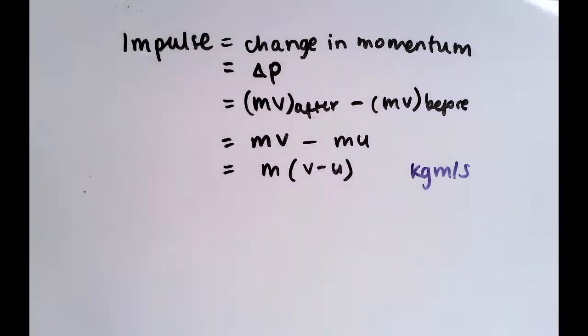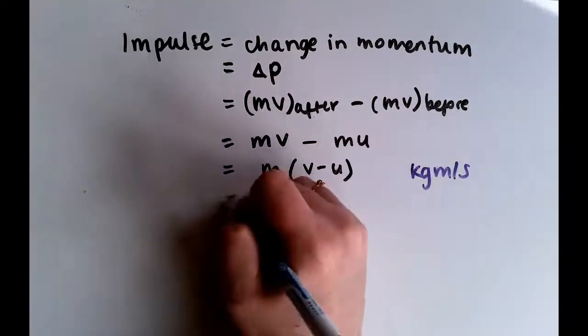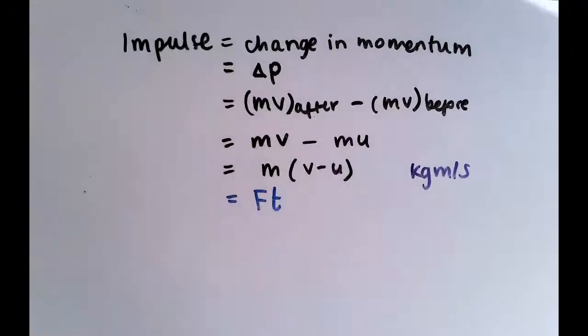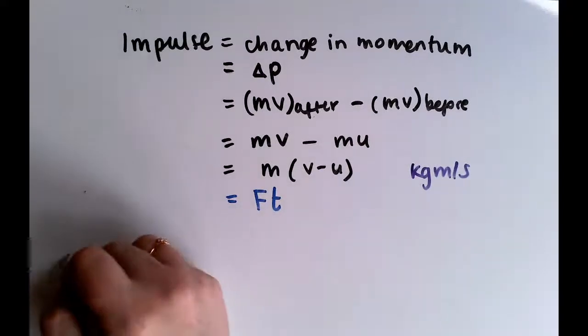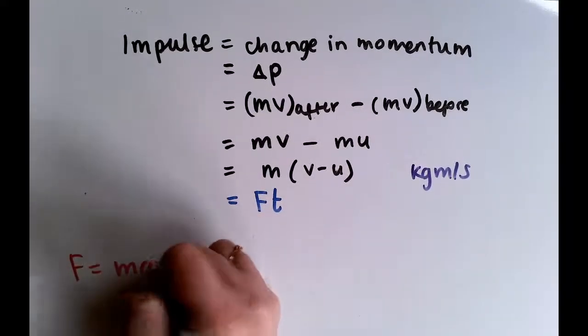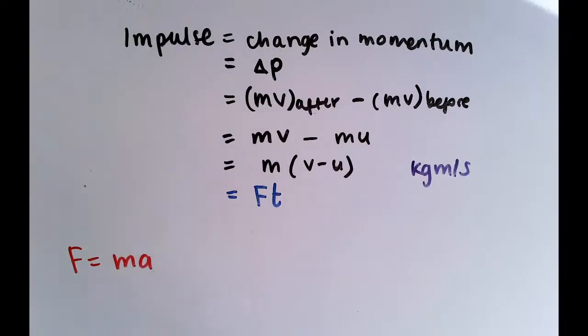But what you might have seen in your textbook that you might be a little bit confused by is why we can also say that impulse is equal to force multiplied by time, and that's what we need to have a look at. To do this, you need to remember Newton's second law, F equals ma, force is mass times acceleration.